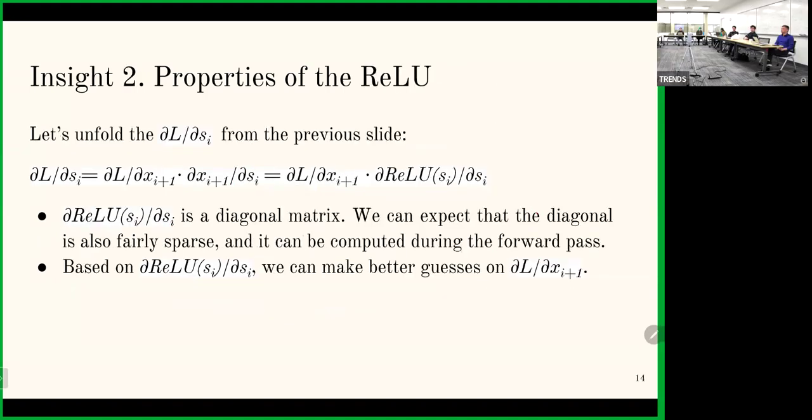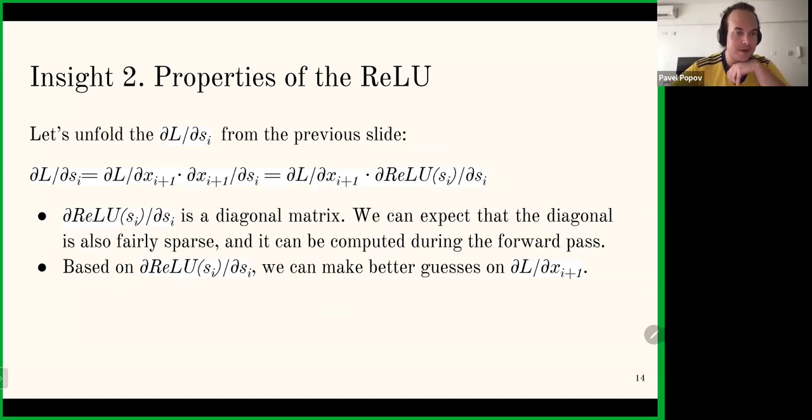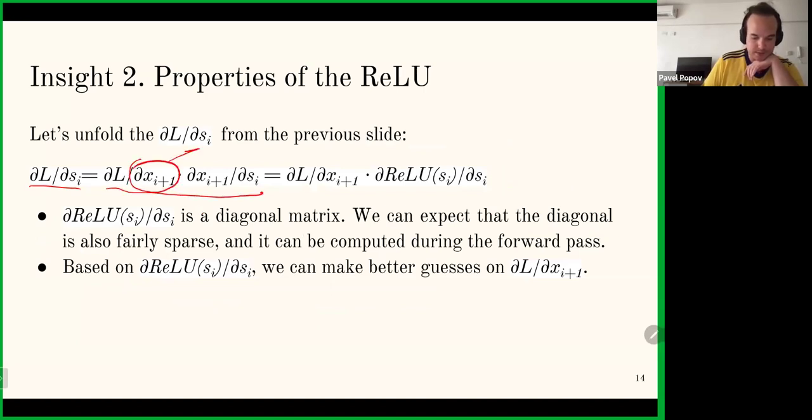Okay, let's move on. So we ended up with this expression, right? We know X transpose. We need to do something with the other derivative. Let's expand it further. This derivative can be expanded this way. This is the activations for the next layer, and this is the derivative of activations with respect to pre-activations. This is actually a fairly simple expression.